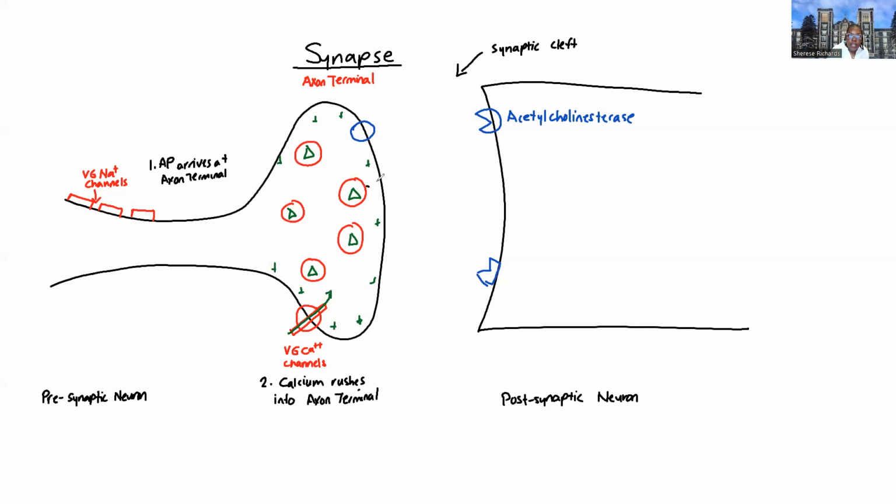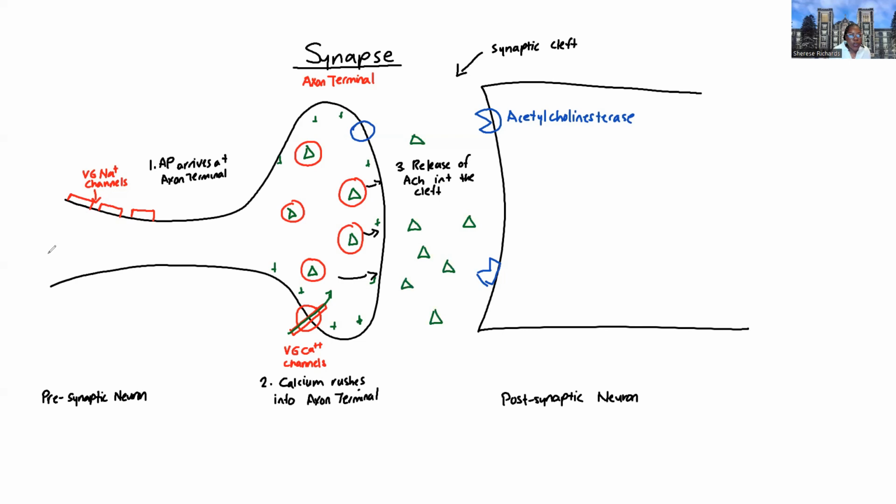Essentially, the neurotransmitter vesicles get really close to the membrane and they release their neurotransmitter. So that is step 3, the release of our neurotransmitter, in this case acetylcholine, into the cleft. Now we can see all of this neurotransmitter being dumped into the synaptic cleft.